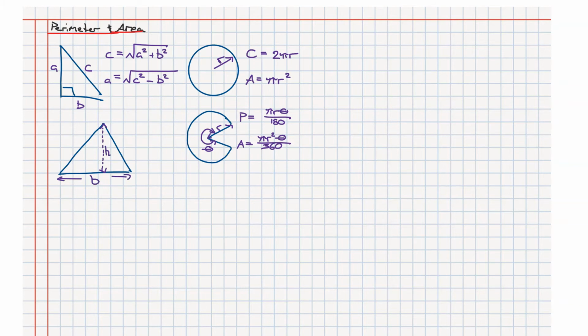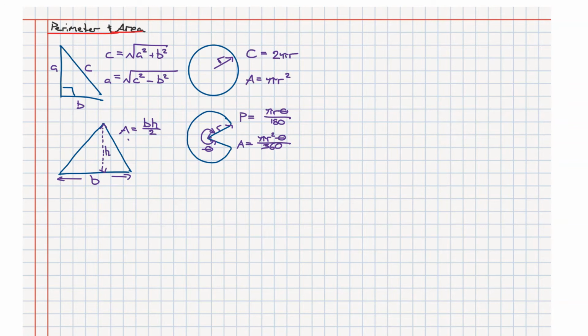Then we can work out the area of this triangle by going A equals half base times height. And this works for a right angled triangle as well. Simply multiply the base and the height together and then divide it by 2, and that will give you your area. So what we've got here is some basic perimeter and area calculations.